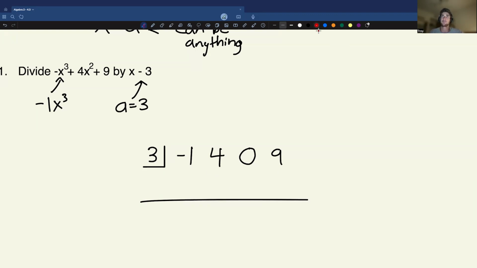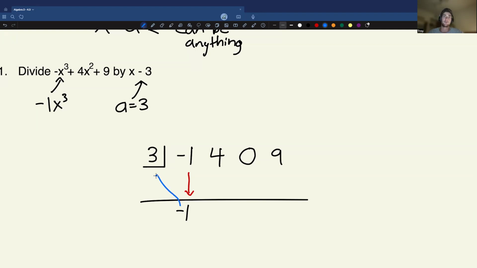And then here's the process. It always starts like this. You simply drop the very left coefficient straight down. So not the 3, but the -1 in this case. So drop it straight down and write that same value, -1. Then what you do, and this should feel like a similar pattern to long division because it kind of does, but it's a very optimized and simplified version of it.